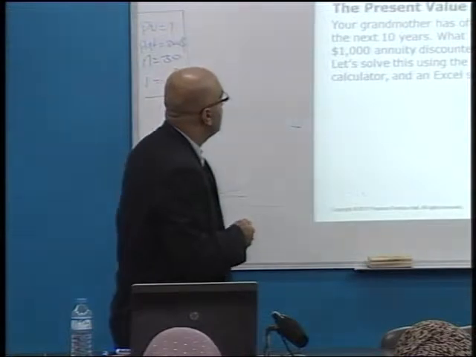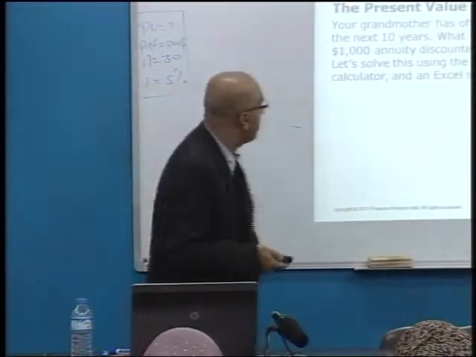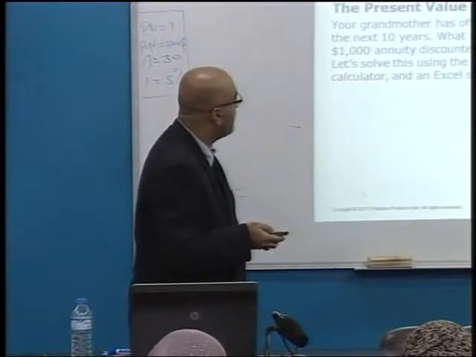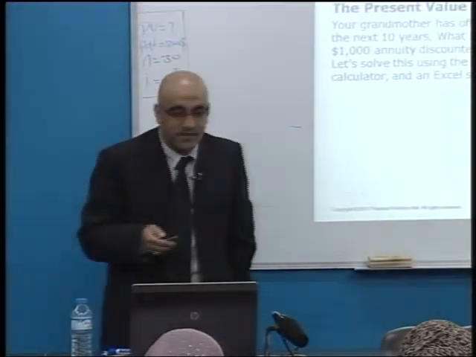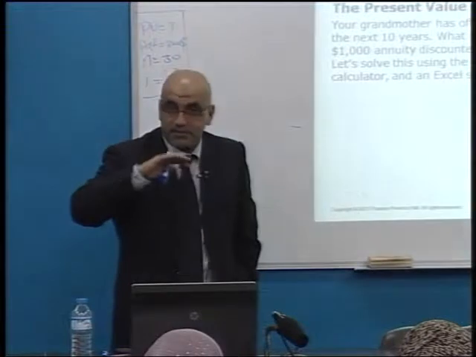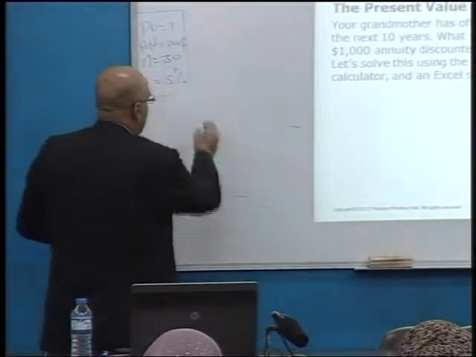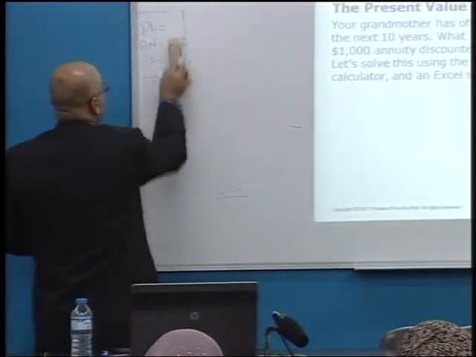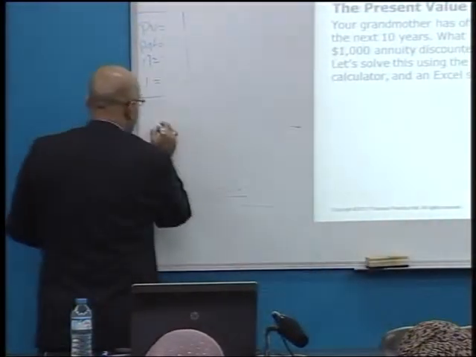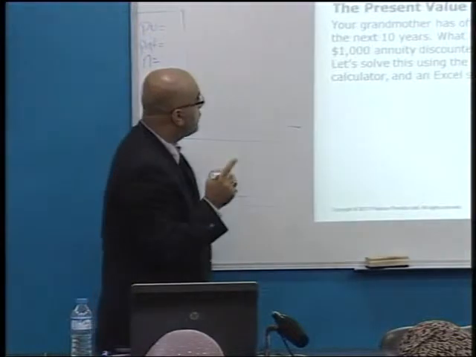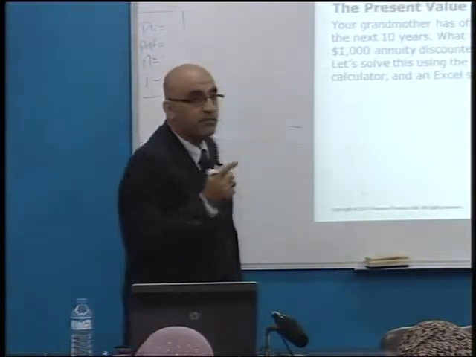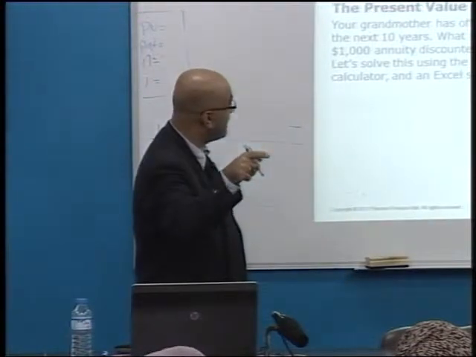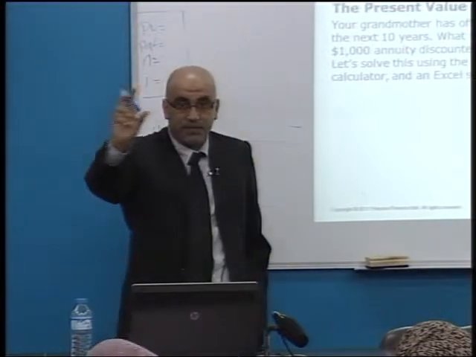Okay, see this example here. The present value of an ordinary annuity. Your grandmother has offered to give you $1,000 per year for the next 10 years. Try to use the timeline, and you observe this. So it means these are the future payments.